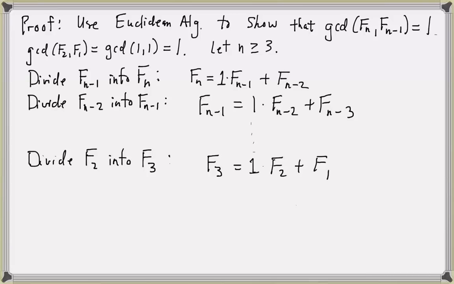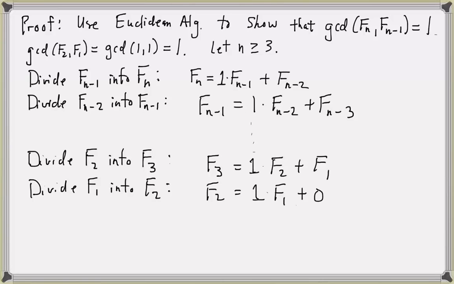And then in the last step, when I divide F1 into F2, I get F2 equals 1 times F1 with a remainder of 0.